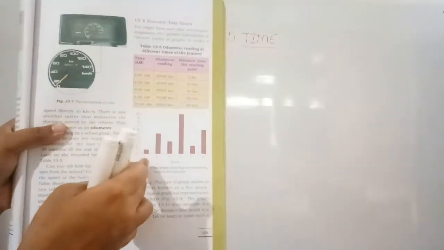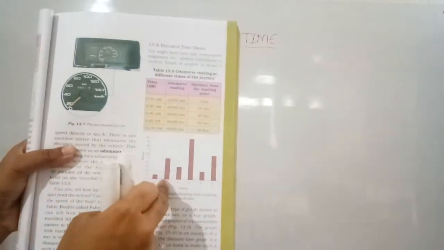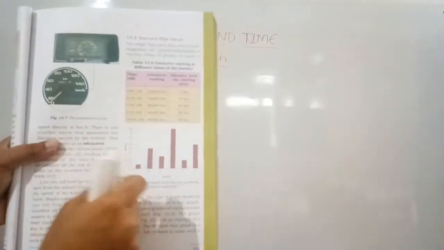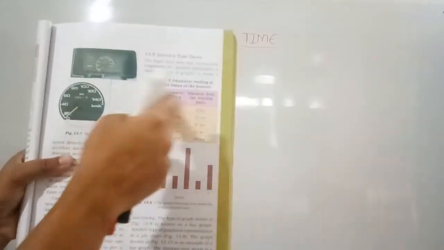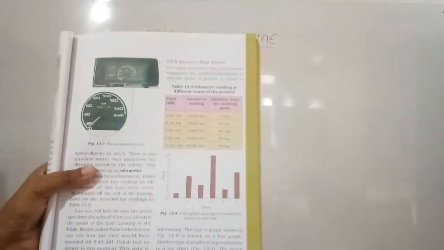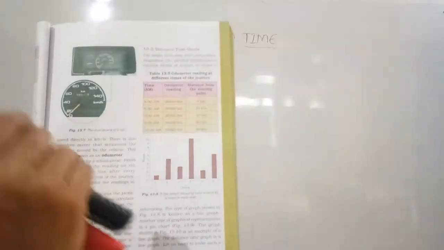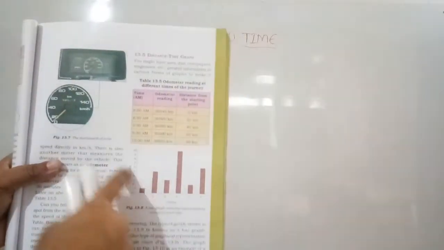So how many runs were scored in one over, how many runs in two overs, all this we can understand just by seeing this graph. Yes, it will be more interesting. Simply making a tabular column and saying that for one over so many runs, for two overs so many runs, is not as good. When we plot it in the form of a graph, we can understand easily.